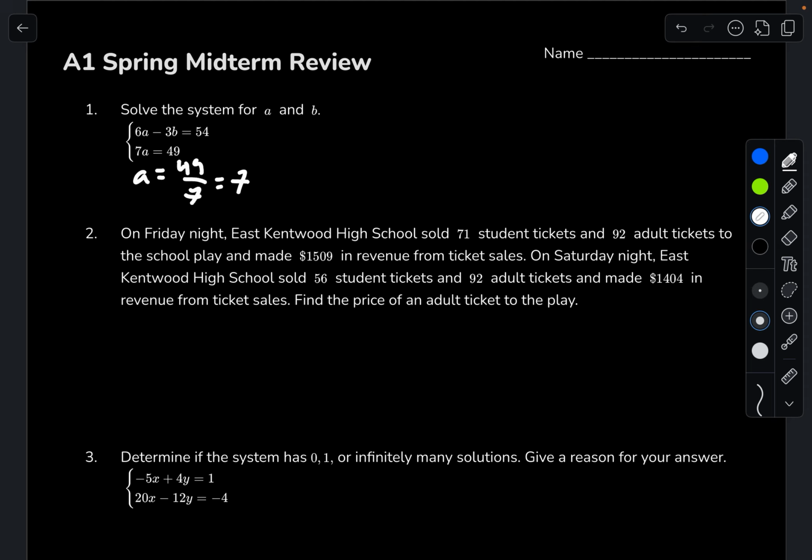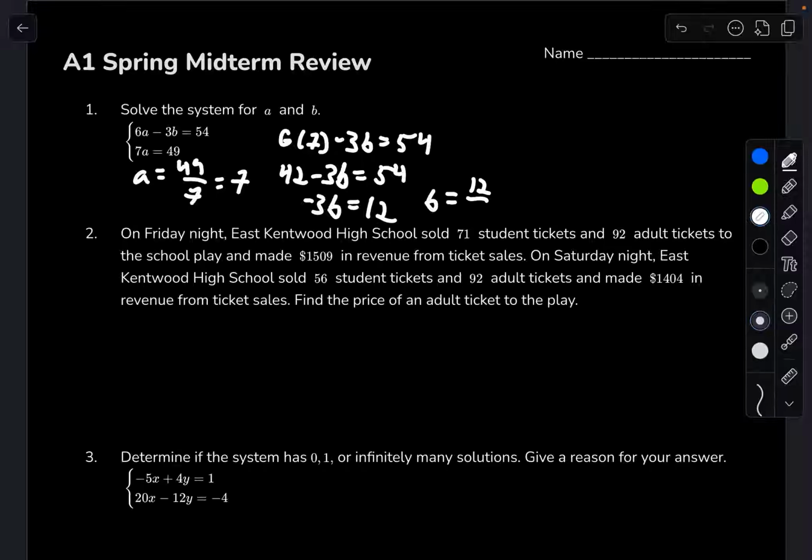So we have A. I would plug it back in to the top equation and then solve for B. So 6 times 7 is 42, equals 54. Negative 3B equals 54 minus 42, which I believe is 12. And you get B equals 12 over negative 3, or negative 4.